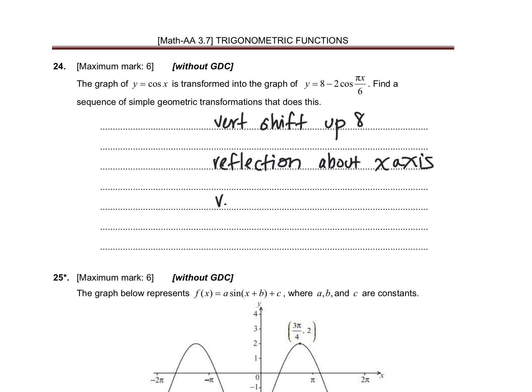It's a vertical stretch by 2, and it's a horizontal stretch or shrink. So we are dividing by pi over 6.